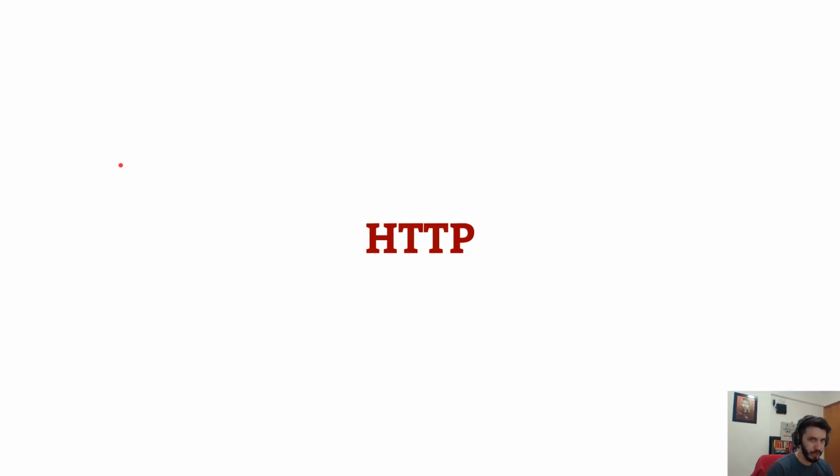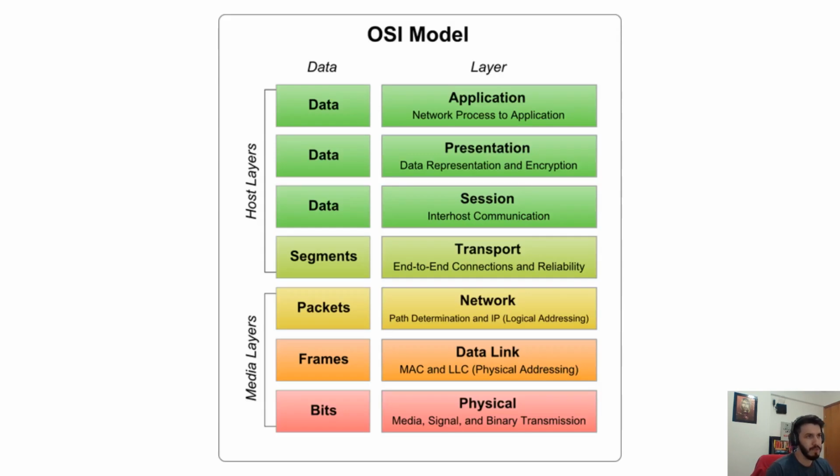But before we talk about WebSockets, let's talk about the web portion of it. When we talk about web, we are usually talking about HTTP, which is a layer 7 protocol. When we talk about networking, usually what is used to reference protocols is the OSI model.